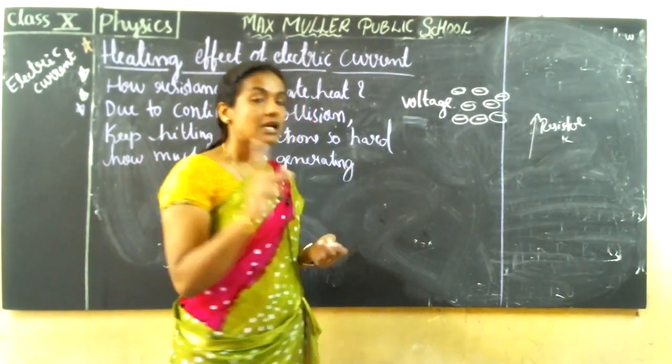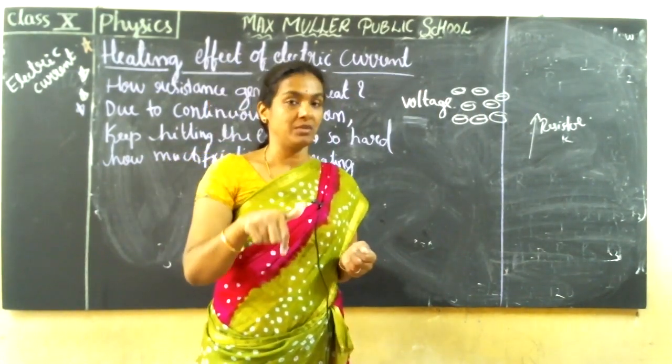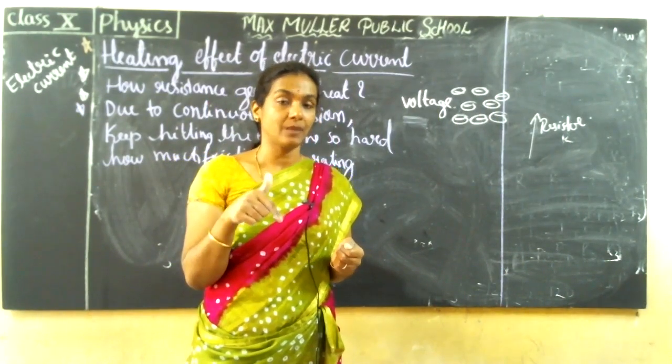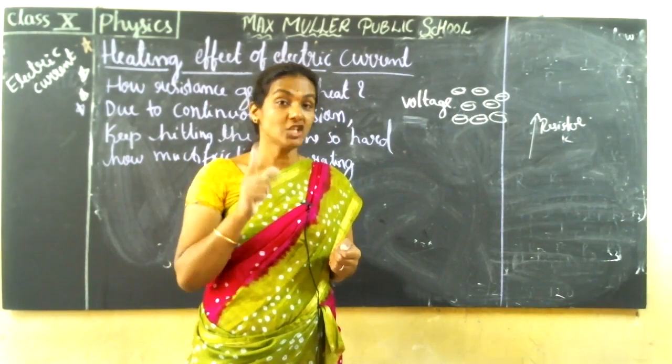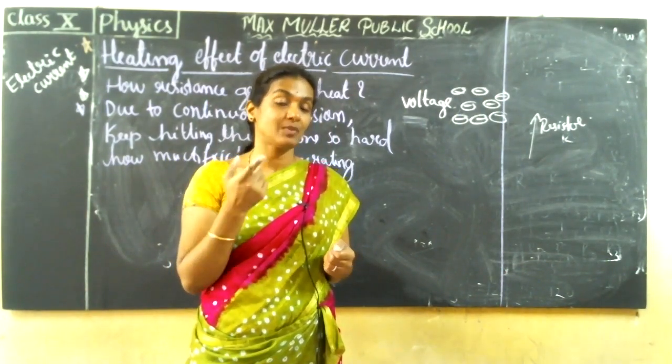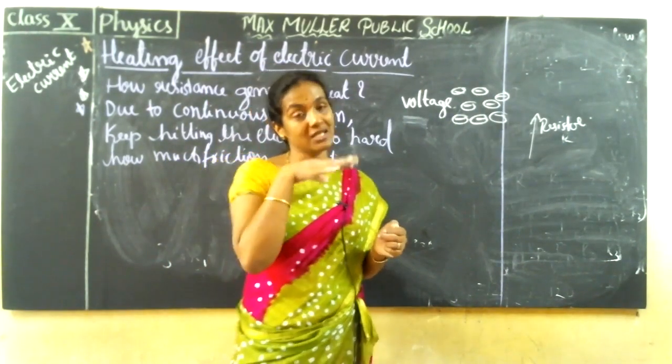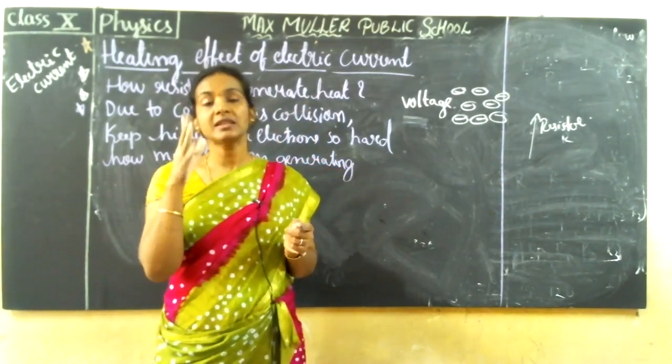So here you have to remember a circuit diagram. After the ammeter, I connect the resistors. As I told you in the last class also, I'm going to explain why I connect the voltmeter across the ends of the resistor.